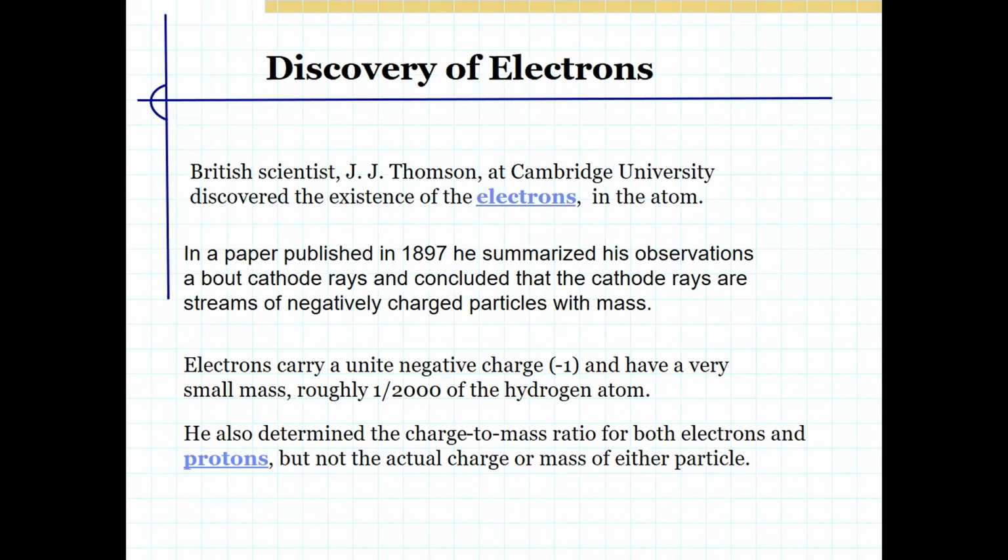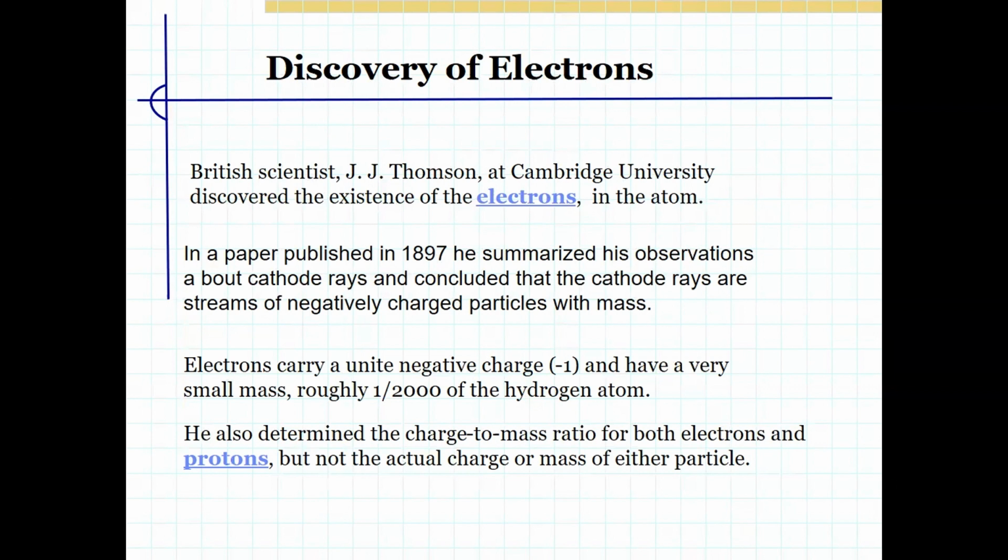J.J. Thomson announced that he had discovered the existence of charged particles, which he termed electrons, and he published a paper on these observations that cathode rays are electrons, concluding that they are negatively charged particles with certain mass. And then he started working on measuring the mass and the charge, or the ratio of charge to mass.